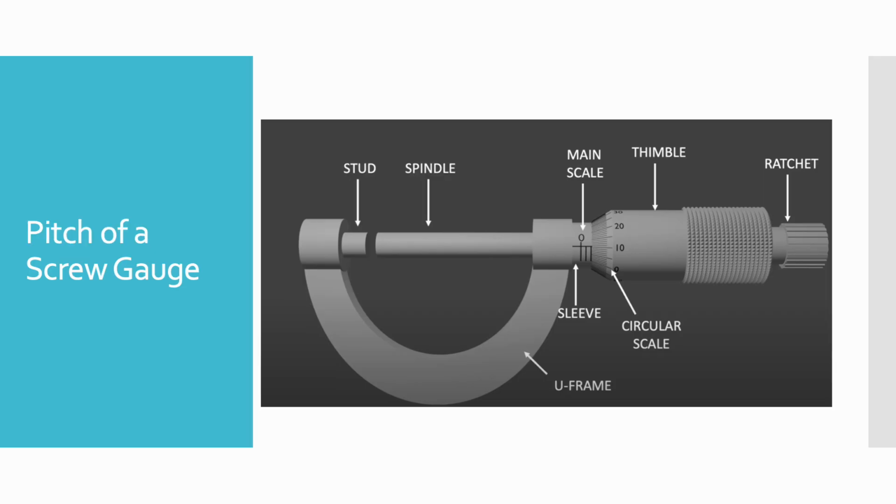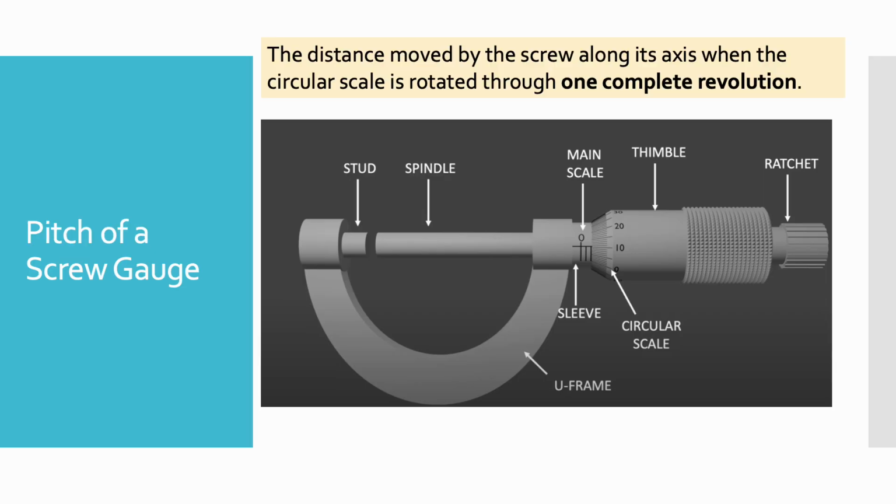Now, pitch of a screw gauge. The distance moved by the screw along its axis when the circular scale is rotated through one complete revolution. If one rotation moves the screw forward by 1 millimeter, pitch is 1 millimeter.